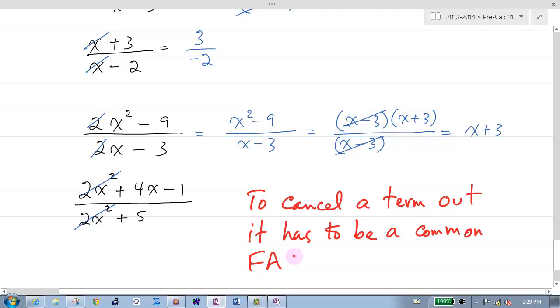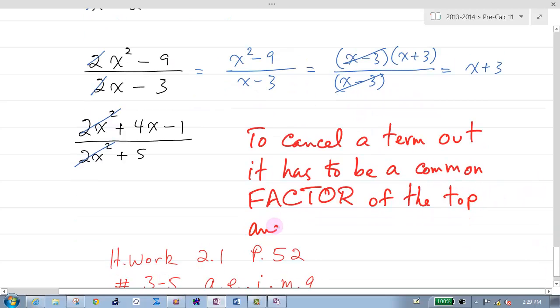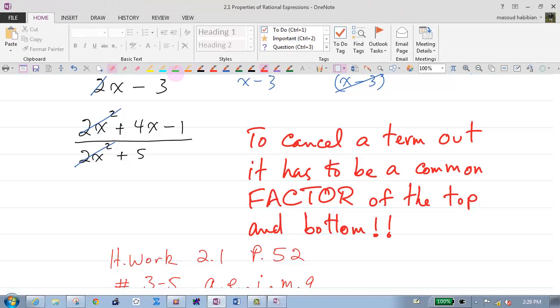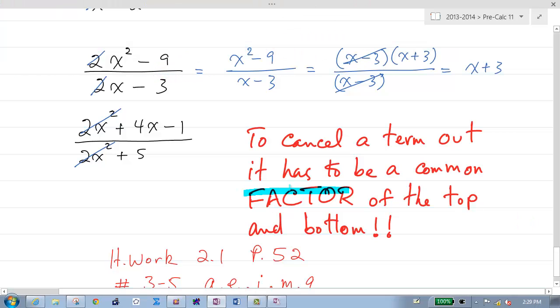I'm going to write that in capitals. A common factor of the top and the bottom. Fair enough? So it has to be a common factor of the top and the bottom. If it's not a common factor, then you cannot cancel it out.